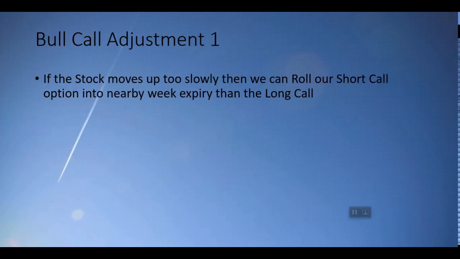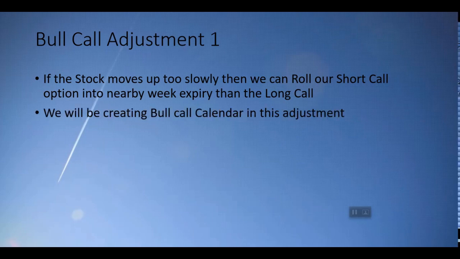If the stock moves up too slowly, then we can roll. Let's assume the stock is not moving very well and has started moving very slowly. In that case, we should roll our short call option into a nearby weekly expiry compared to our long call, which means we are creating a bull call calendar spread.